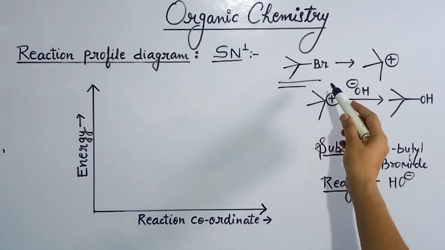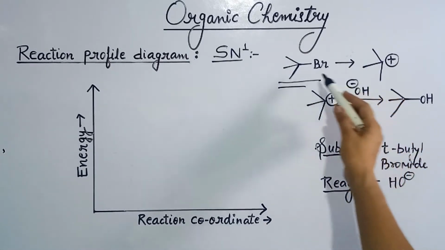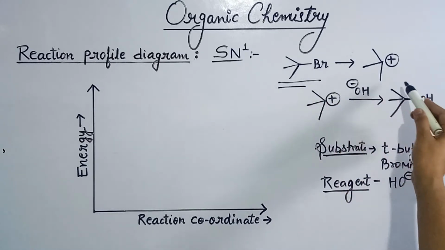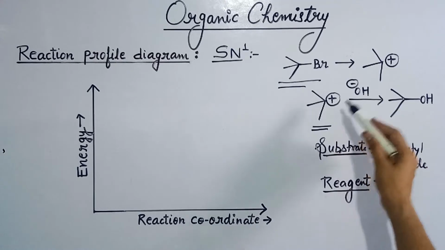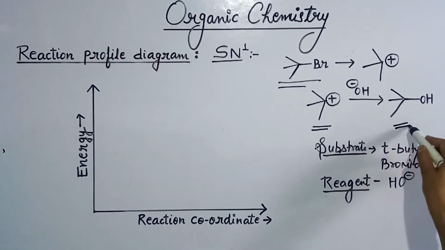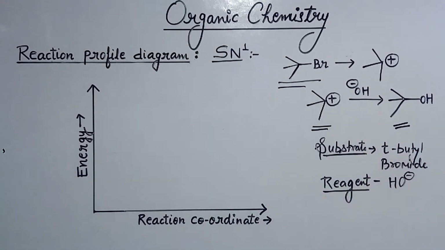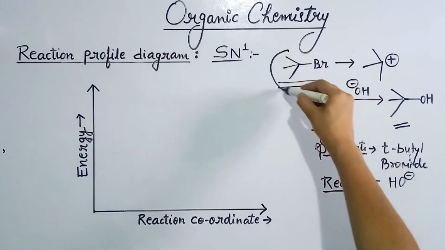This tertiary butyl bromide will undergo bond breakage and the carbocation will be formed. This carbocation will be attacked by the nucleophile to give the final product. So here the question arises, why is the reaction SN1? You can see this is a very bulky group.